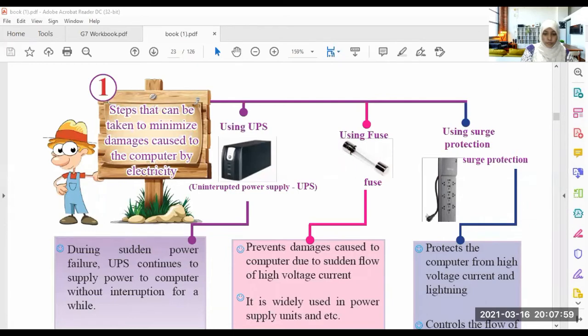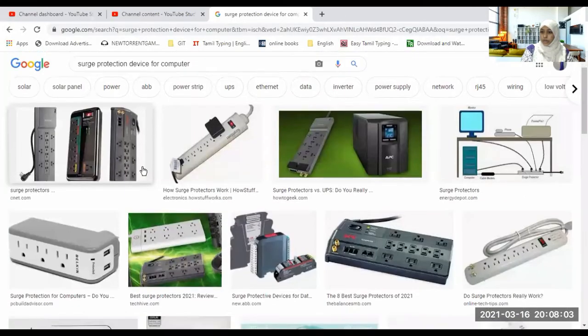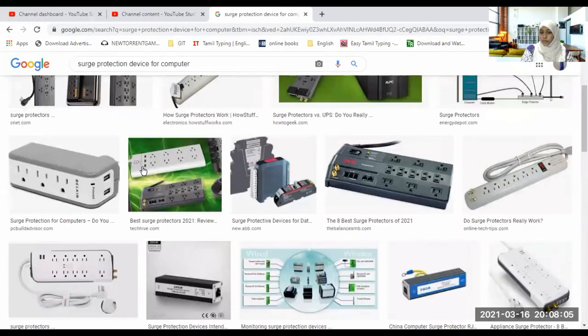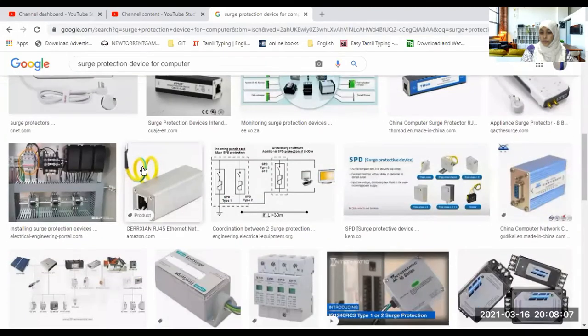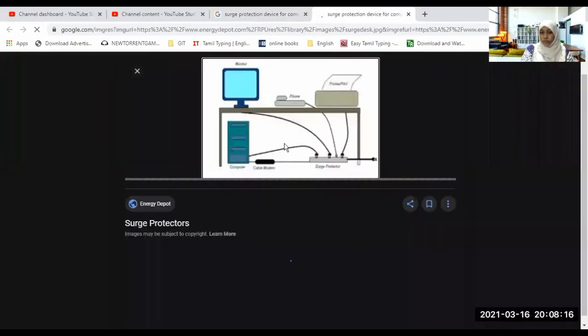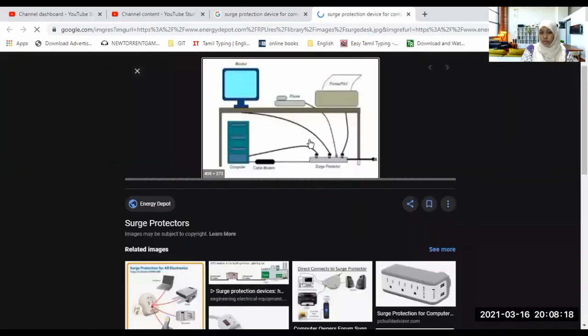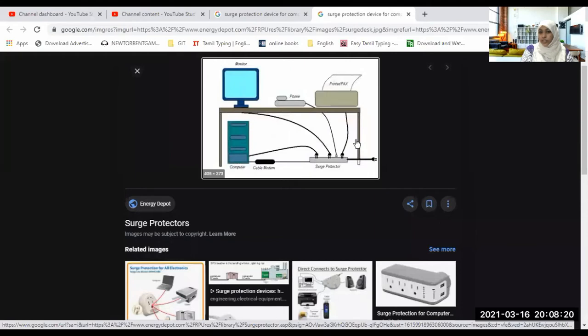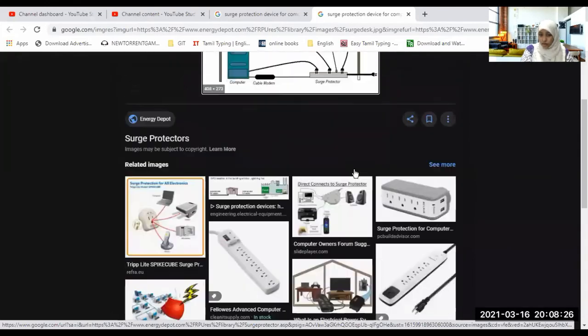Here, can you see this one? See, so we can connect like this. Can you see here? Using the surge protection, we can connect many devices to the surge protector. Now understood everyone?